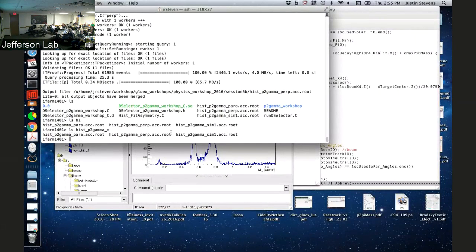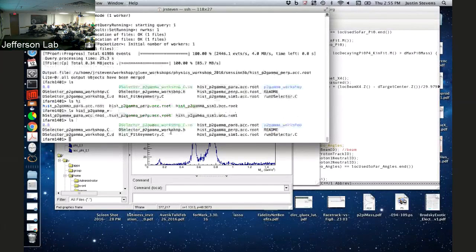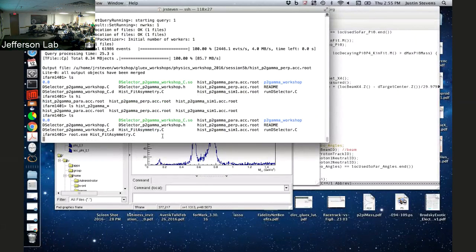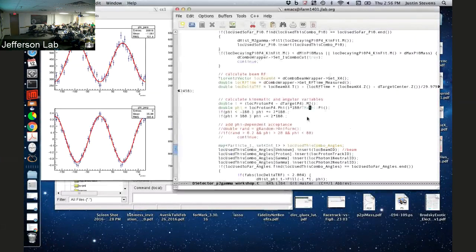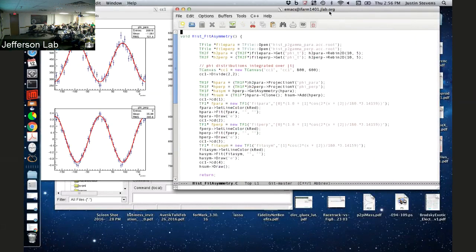And you can use the macro that's there called hist fit asymmetry, and just execute that. And what that's doing is looking in these. So I'll open it here. That's opening these 2 files, the para and the perp file, and looking at the phi distribution.